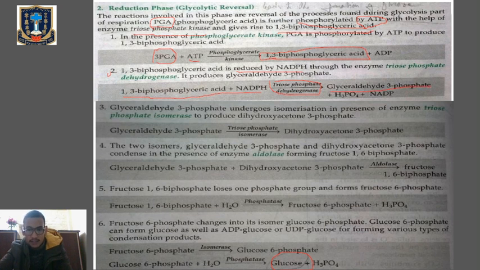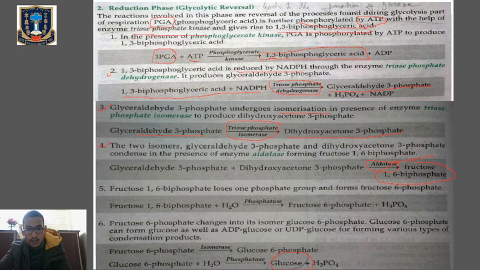Now this glyceraldehyde 3-phosphate undergoes isomerization in the presence of the enzyme triose phosphate isomerase to form dihydroxyacetone phosphate. Now in the fourth one, the two isomers, glyceraldehyde 3-phosphate and dihydroxyacetone phosphate, will condense in the presence of the enzyme aldolase to form fructose 1,6-bisphosphate.